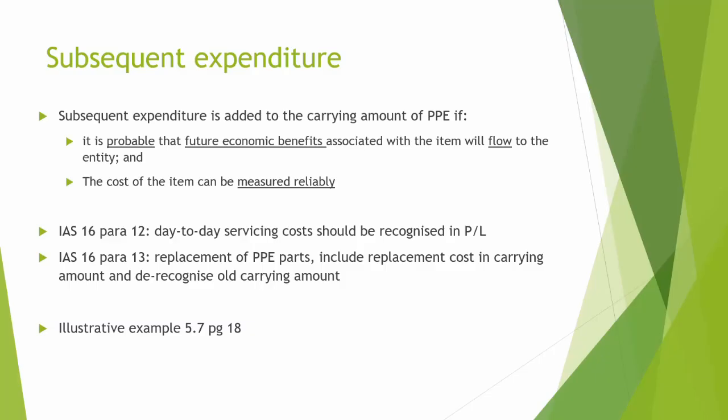Paragraph 13 indicates that sometimes we have to replace a part. So when we ended off with the last chapter, we did indicate that our cost would be divided into major components.